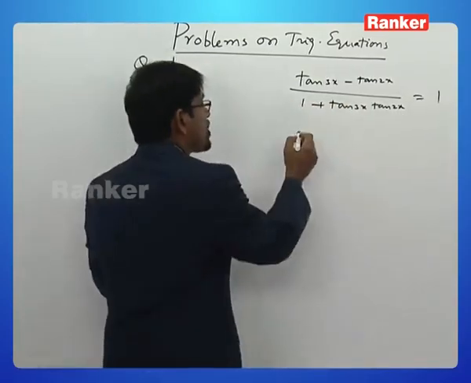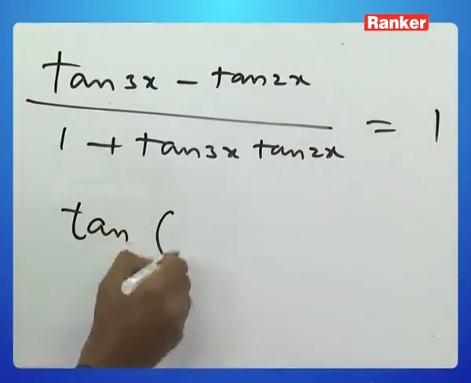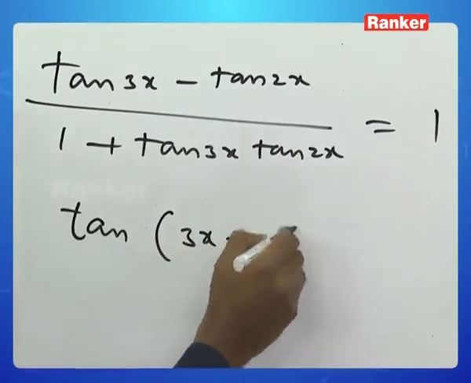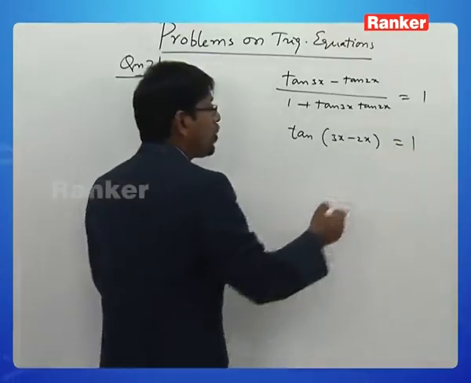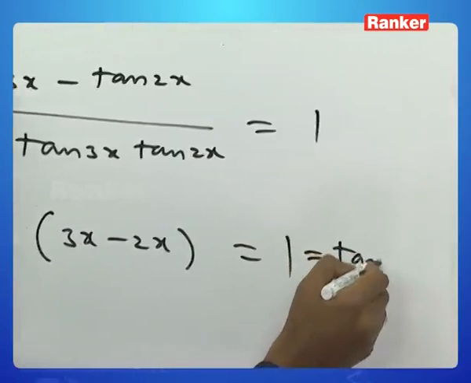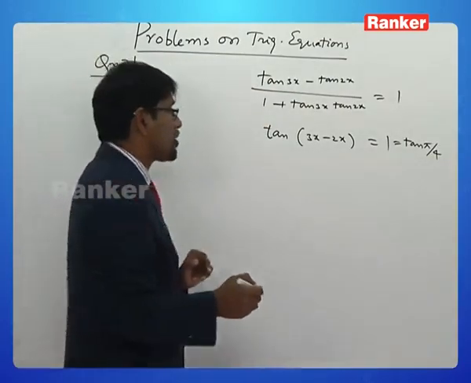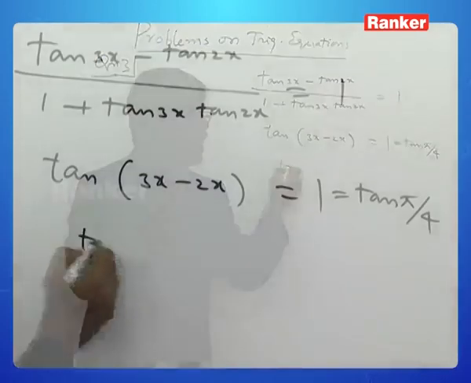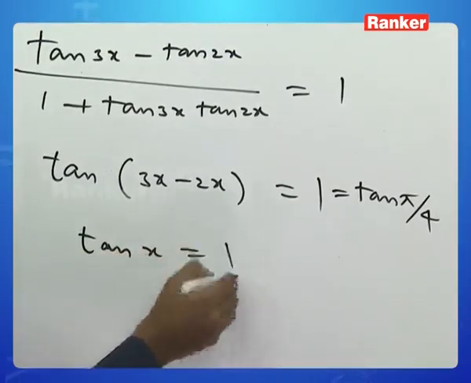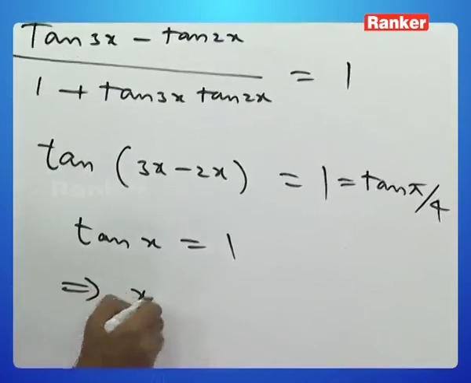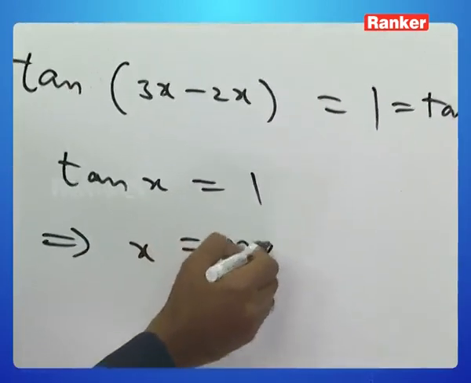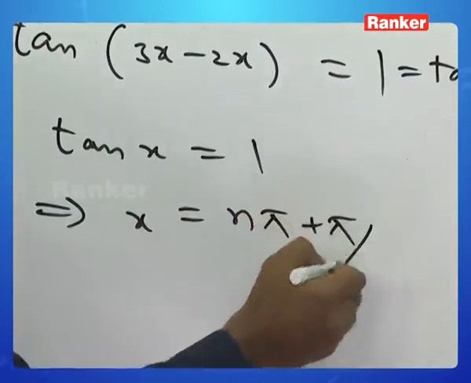It's tan of A minus B. So I can write it in the form of tan of 3x minus 2x is equal to 1. But what is that 1? I can say it is tan pi by 4, pi by 4 being the principal value. Now tan x is therefore equal to 1. This gives us x equal to n pi plus pi by 4.